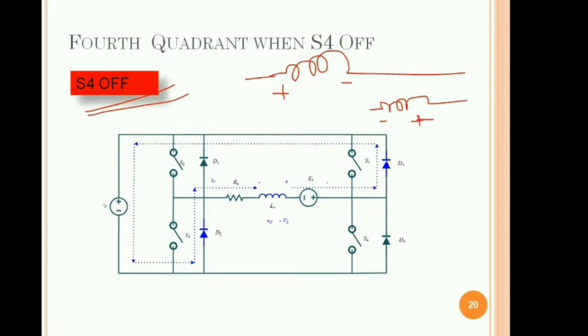This change in polarity will forward bias D3. The plus terminal is connected to D3, so diode 3 is forward biased. The inductor will discharge the energy through D3, then through the supply voltage plus minus, then diode 2, then through the DC motor, that is RA, LA and back EMF.